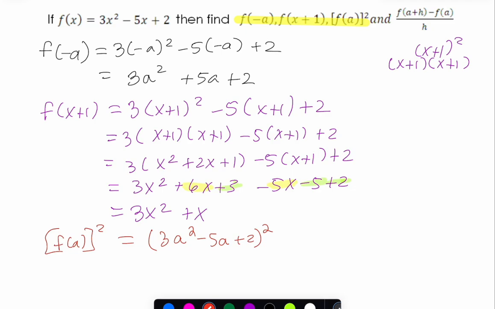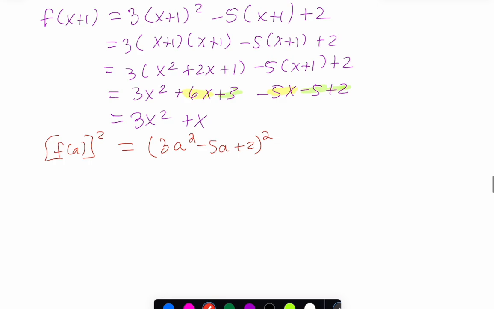Now, there's a square there, so you want to make sure that you multiply it out. I would definitely use 2 of them to make it nicer for you when you go to distribute. So first let's distribute the 3a squared.